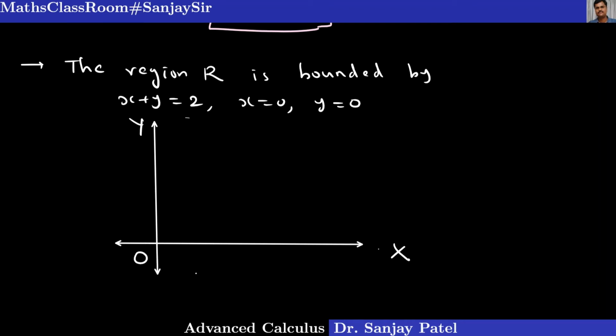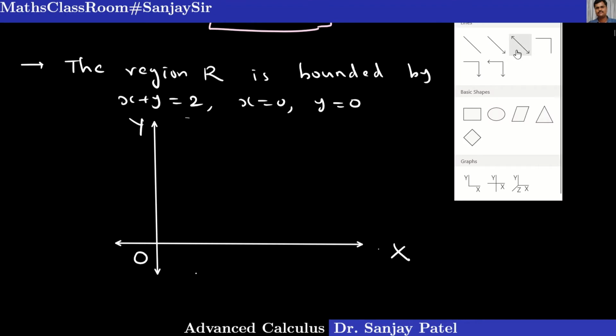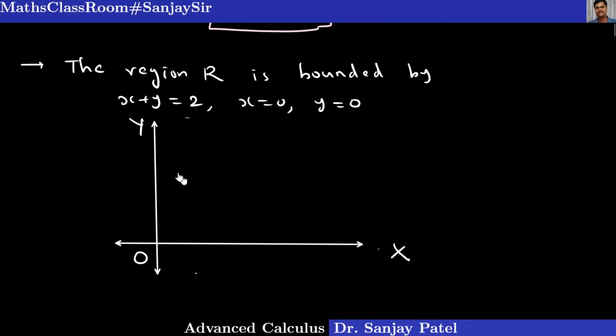And let us take the line x plus y is equal to, say, 2. It makes some intercept with x and y axis.